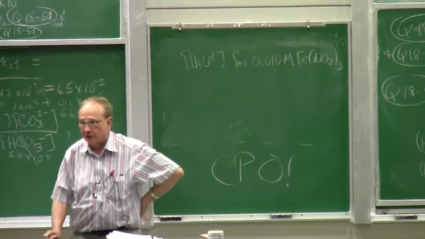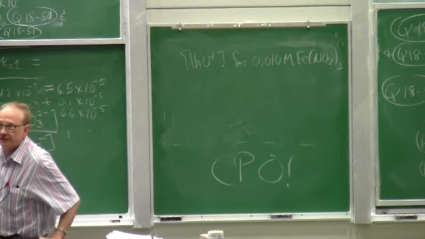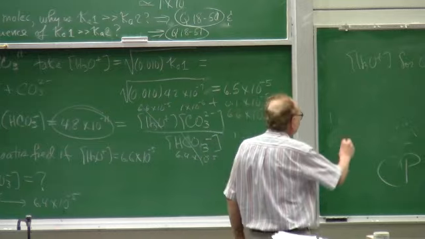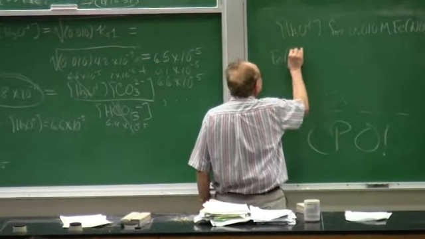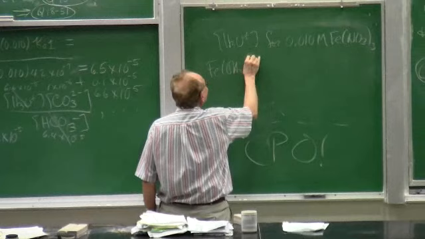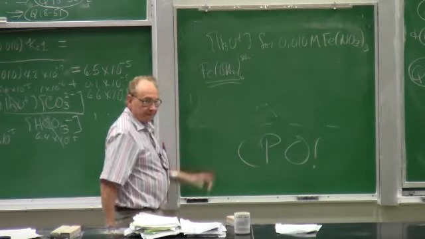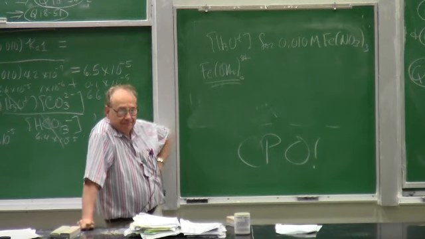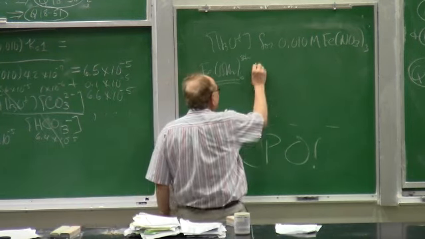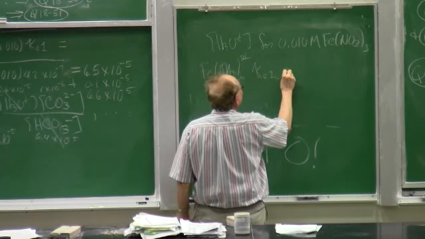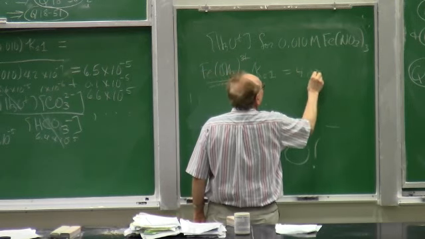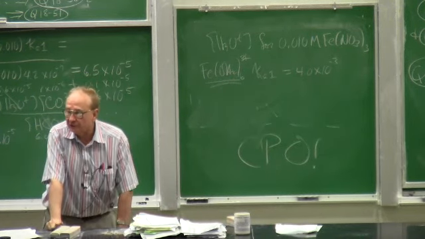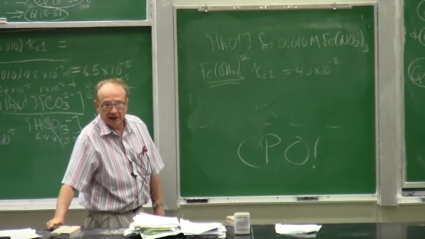This is special because not only is Ka1 for this, the iron-containing ion in that solution, 4.0 times 10 to the minus 3. That's a pretty big value as far as Kas for weak acids go.